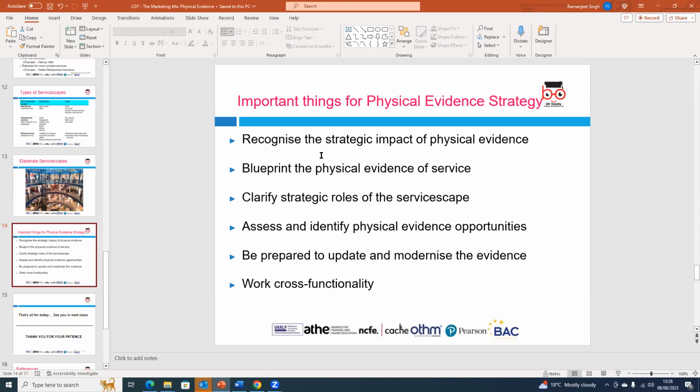Okay, this will of course impact on your strategic objectives, because if the employee is not going to work, or is not going to the office regularly, of course the results will not be there. So these will be important, and you need to prepare to update and modernize the evidence.